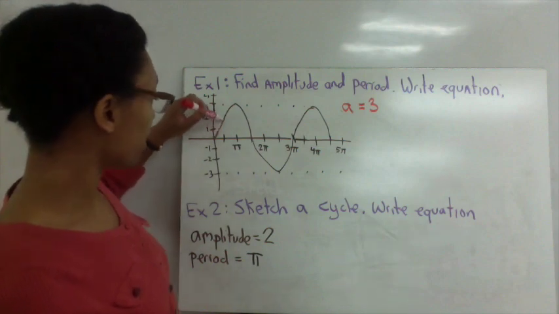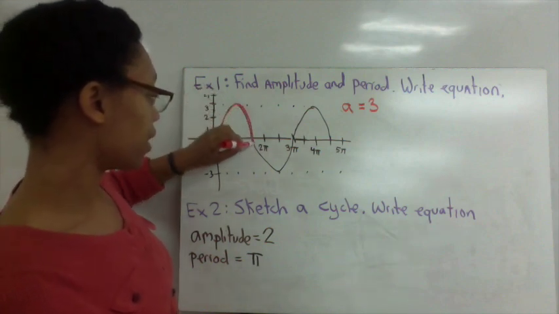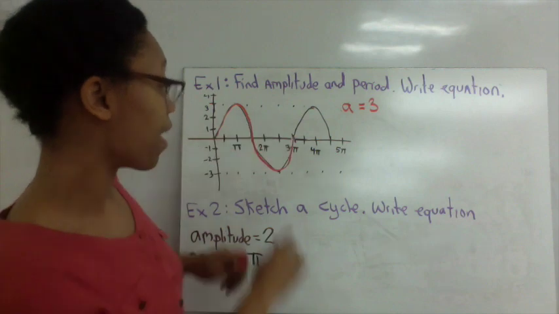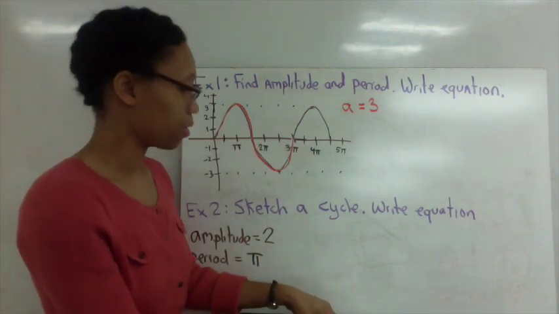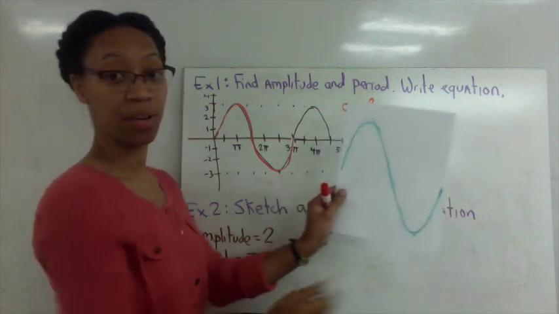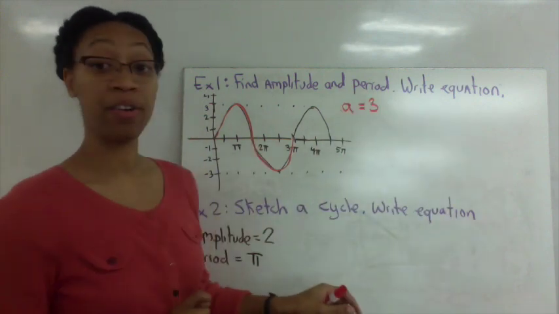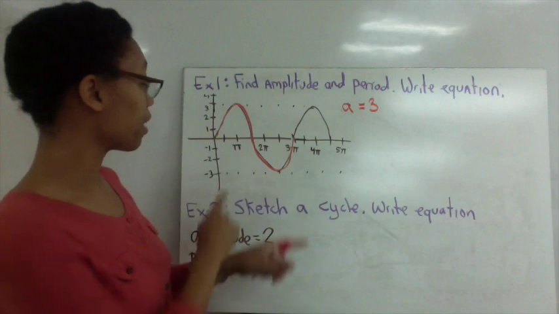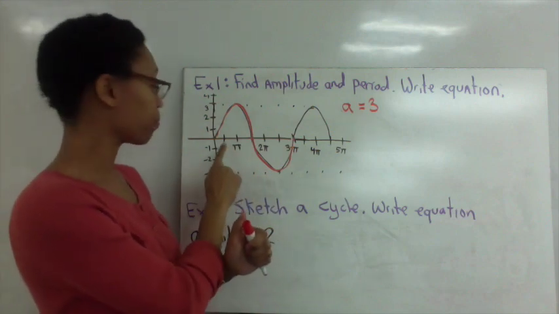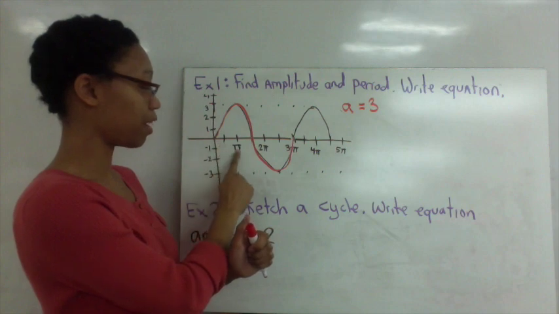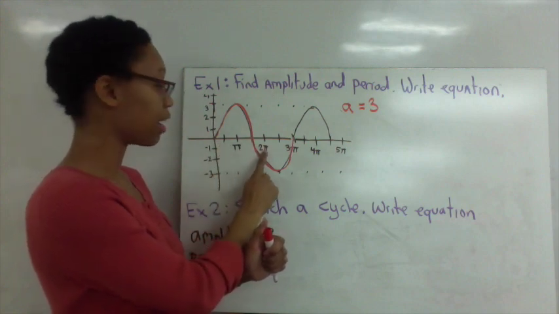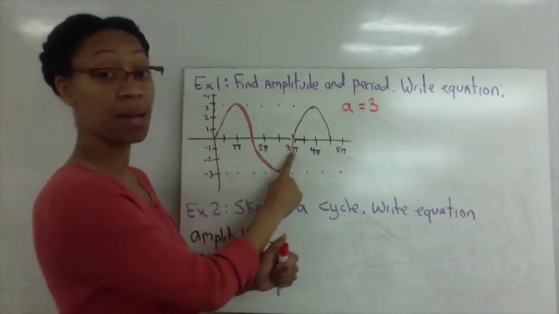I see it goes up to the middle and then down to the middle, and now that's the whole shape. All right? So that is the shape. Okay, now that is the period. So it looks like I'm counting by pi's down here. Looks like I have a space and then a pi. So a half a pi, then a pi, then another space, 2 pi's, 3 pi is my period.